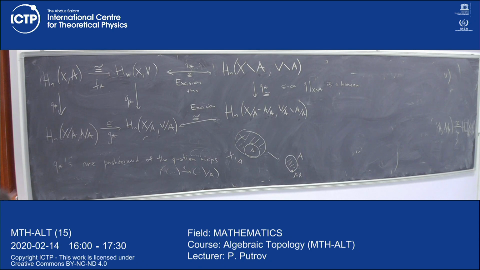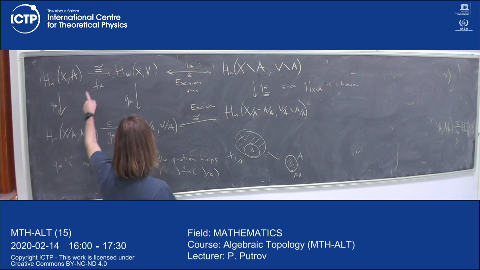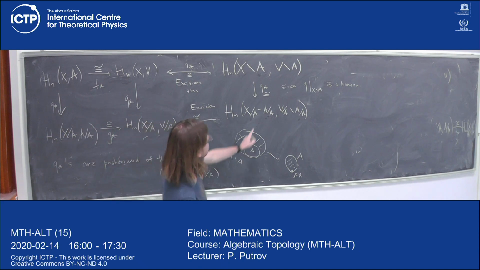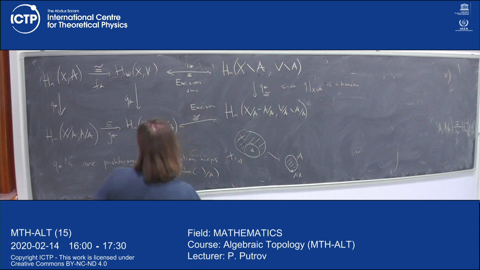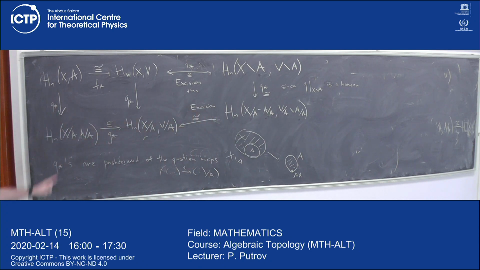And okay, so this is a commutative diagram, because the quotients commute with everything here, and therefore, since these are isomorphisms, and this is an isomorphism, and this is an isomorphism, because it's induced by a homeomorphism, this means that this might also be an isomorphism.